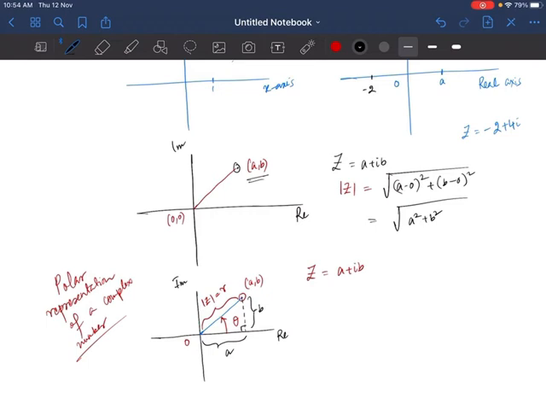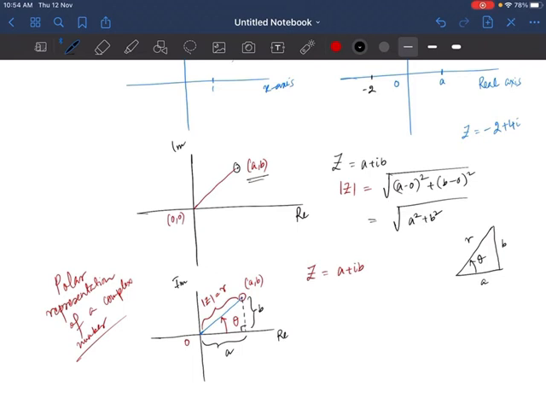So basically a right angle triangle is formed where the hypotenuse is r, the perpendicular is b, and the base is a, and here the angle is theta.